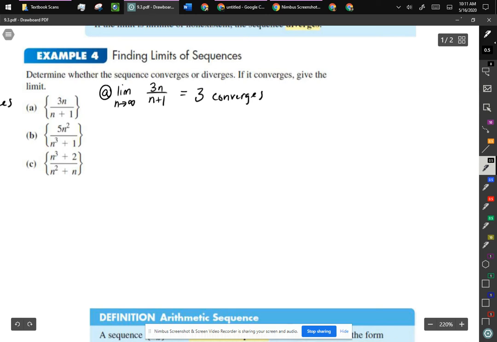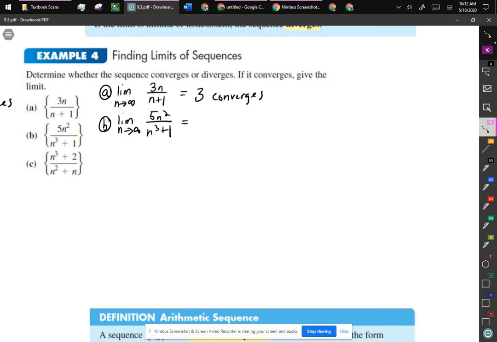to 3. Now B, right, the limit as n approaches infinity for 5n squared over n cubed plus 1. Again, I can basically ignore this constant of a 1 because it's so insignificant, right? The n cubed dominates the value as n gets larger.